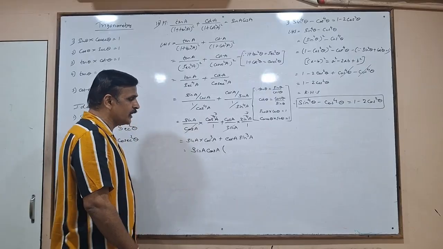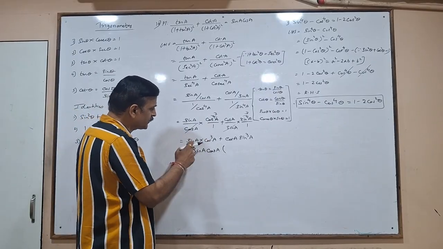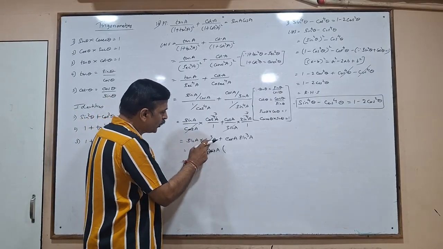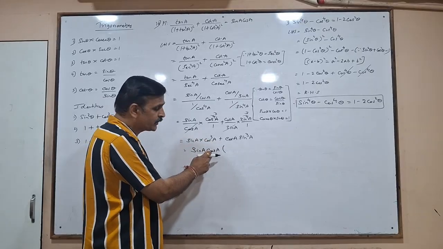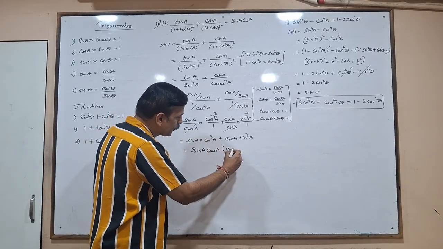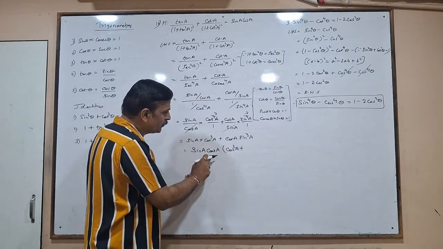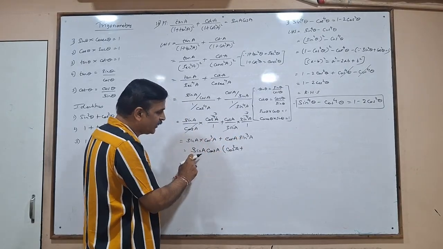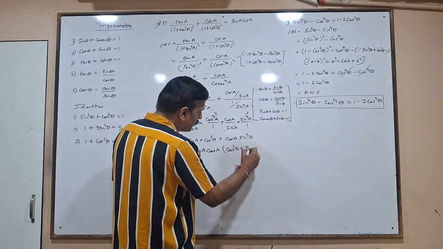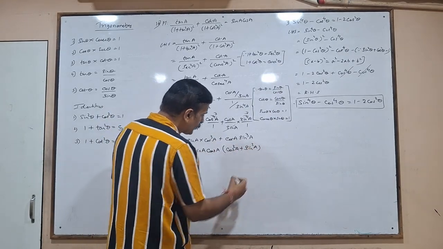So what remains inside this bracket? From this term sin A is common, from cos cube A we have taken cos A, so what remains is cos square A. Cos A we have already taken common, from sin cube A, sin A is common, so what remains is sin square A.